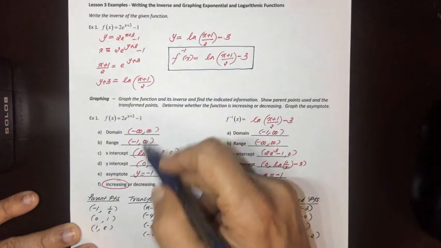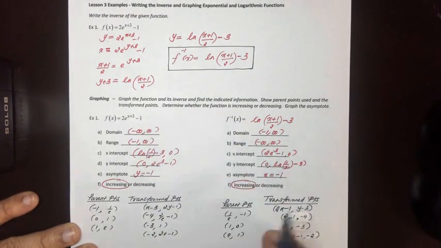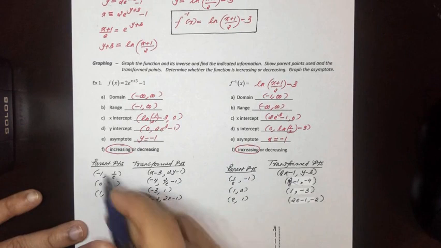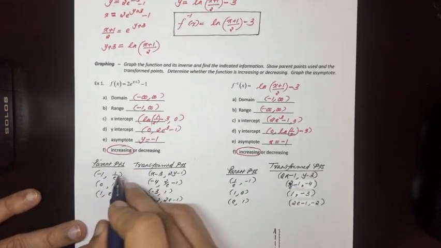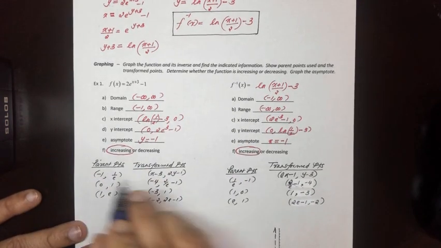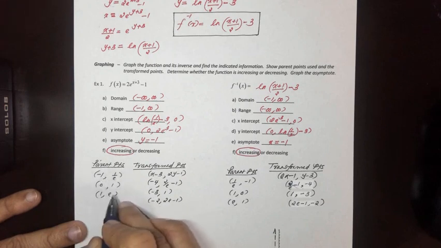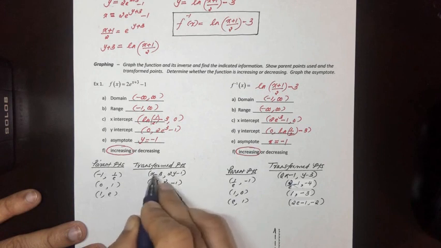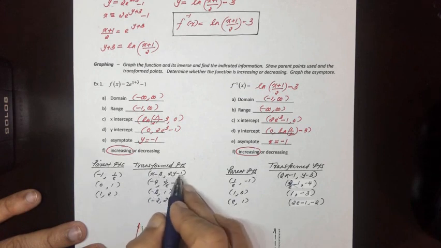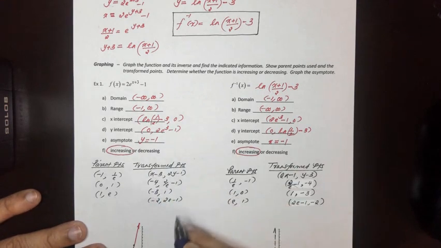These are the attributes of the original function and for the inverse. And we know the parent points of a log function. The parent function is negative 1 over e, 0, 1, and 1, e. And the transformation rule is x minus 3 and 2y minus 1, based on the a, b, c, d values that you can calculate.